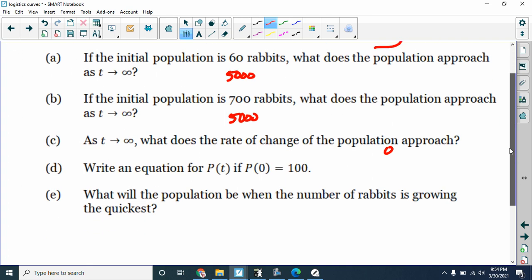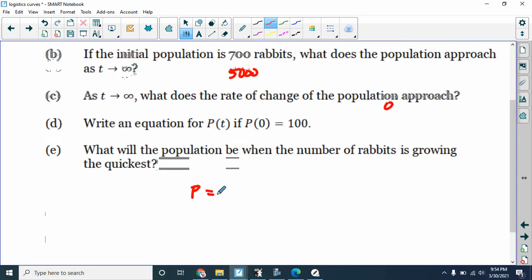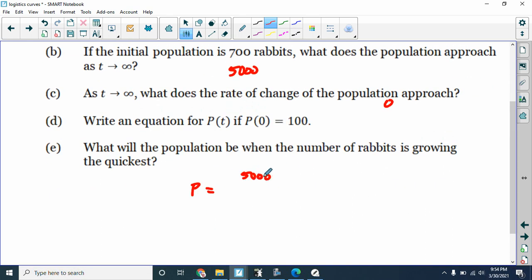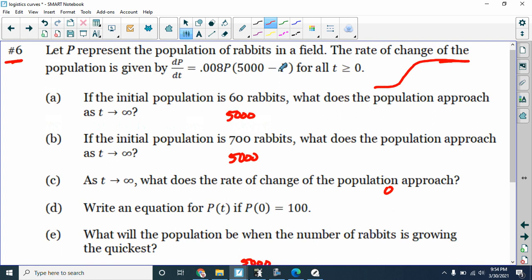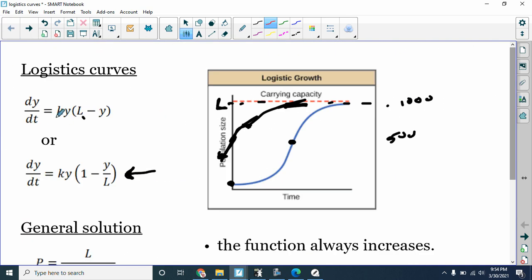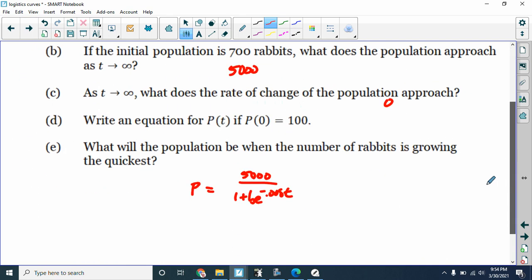Part D wants us to write an equation if P of 0 equals 100. Our population equals our limit, which is 5,000, over 1 plus b e to the negative kt. This one's nice because it does give us k in the formula here. K is the value out front here, 0.008. Going back to, notice k is what's multiplied by y out front. P of 0 is 100.